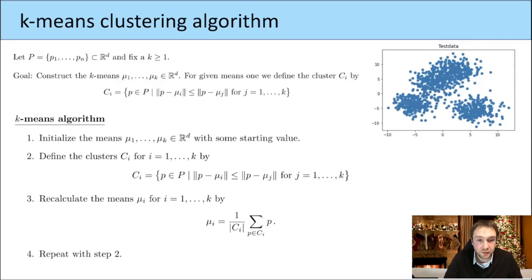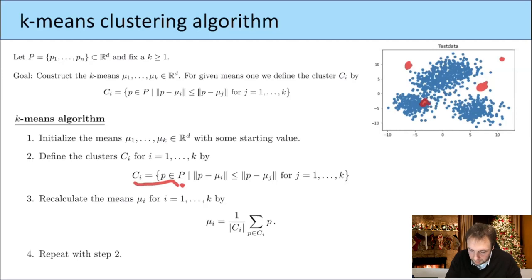And then this algorithm is quite simple. First, we start by choosing any means. So for example, we say mu1, mu2, mu3, mu4. And then we just do the following. If we fix some means, 4 points in this case here, then we can calculate the corresponding clusters.